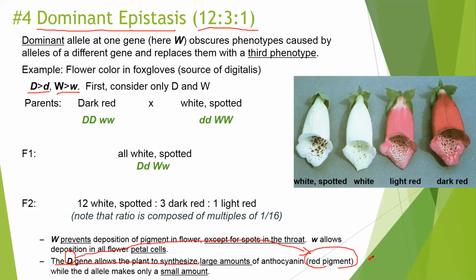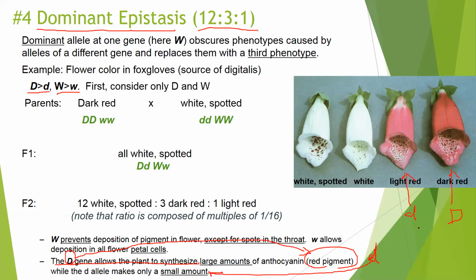The little d, which is the recessive mutant, will give a small amount of the pigment. So then you're going to see the difference: this is the dark red and this is the light red. This is determined by the capital D and this is determined by the little d.